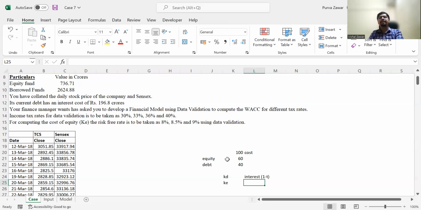So for cost of equity, we generally go for the expectations of shareholders. How do I find what the expectations of shareholders are? Let us see what are the possible options with the shareholders. First, they can invest the amount into government securities.